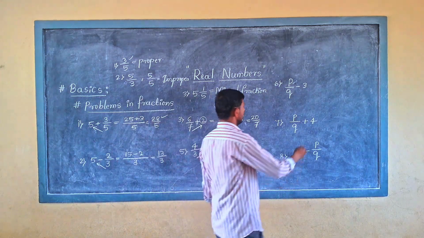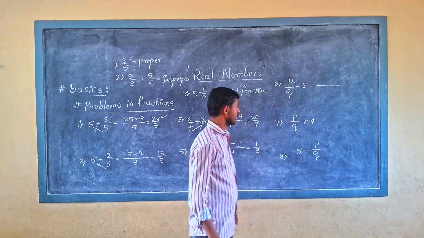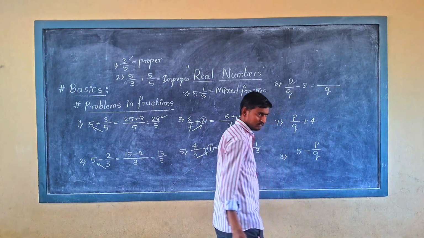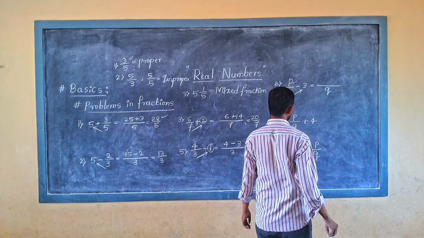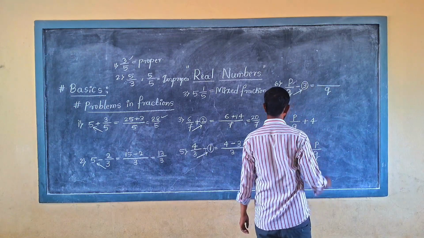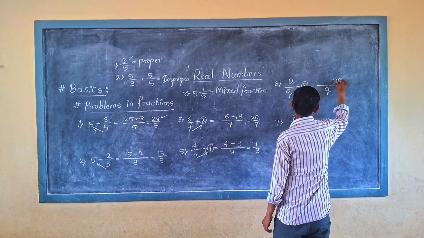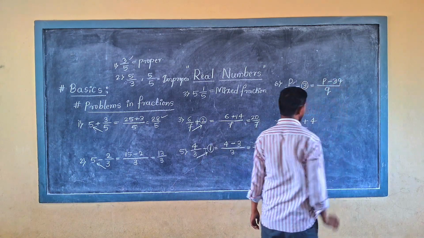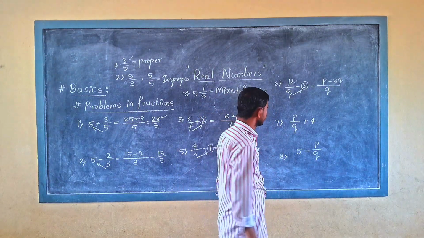And also this one, is equal to, dash. Here the denominator is q, we just multiply the single number. 3 qs are 3q minus p, both are heterogeneous terms, we can't do further.